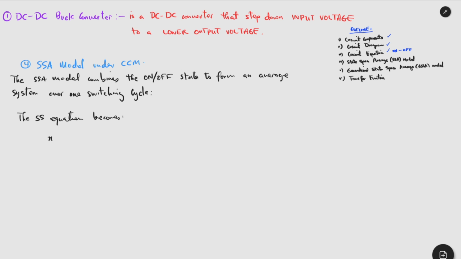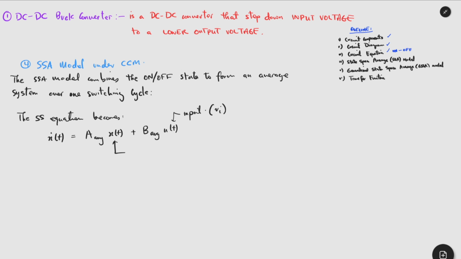we have x dot t, which is the state space model, equal to A average times x t plus B average times u t, and u t is nothing but the input of the system, and we know that this input is nothing but the voltage input.